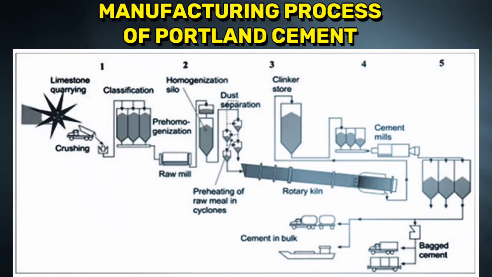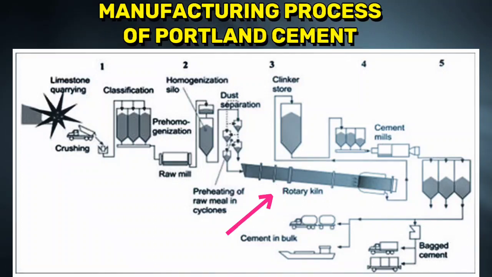Water is not involved. So in step 3, you could see here is the clinkering. Here the raw materials, if you look closely before step 3, there's some dust separation and some preheating. So in step 3, the raw materials are dried, heated, and fed into a rotary kiln where they are heated.